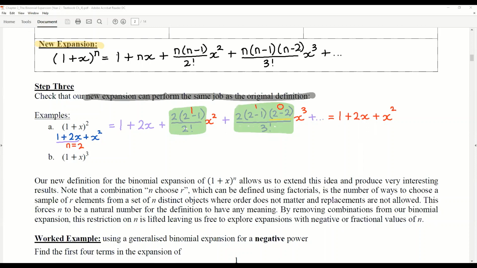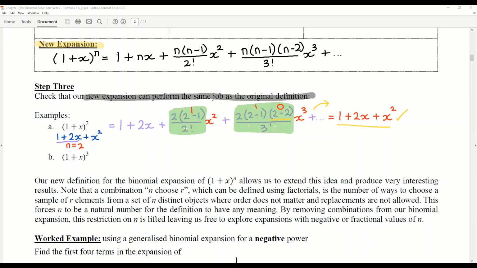So 2 subtract 2 is 0, which means there is no x cubed term at all. And consequently, the next term after this, if I continued with x to the power 4 and so on, this n subtract 2 factor would feature in all the subsequent terms if you carry on the pattern. So that means you cannot have x cubed, x to the power 4, or any other term in an expansion with n equals 2. So yes, this seems to check out.